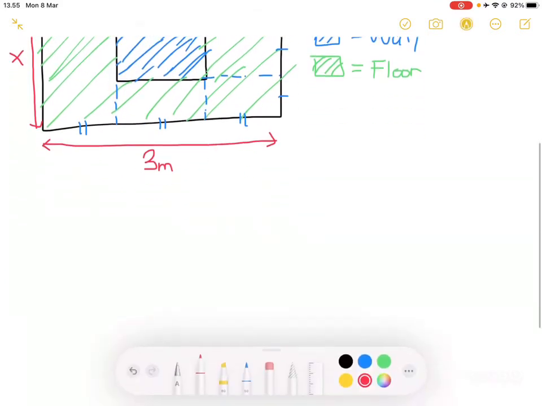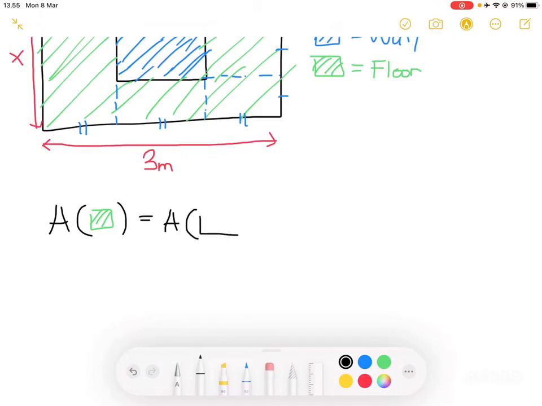And if we notice that the area of the floor, which I'm going to denote as the green box, will be equal to the area of the whole room minus the area of the wall.